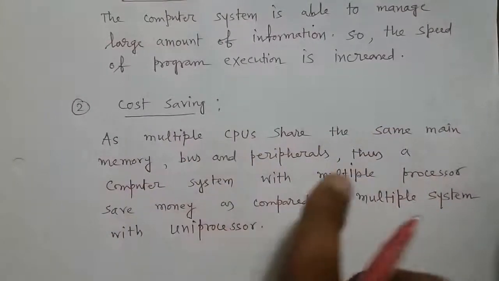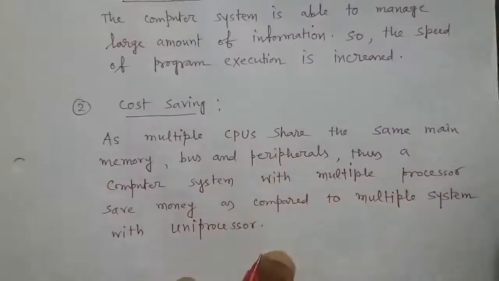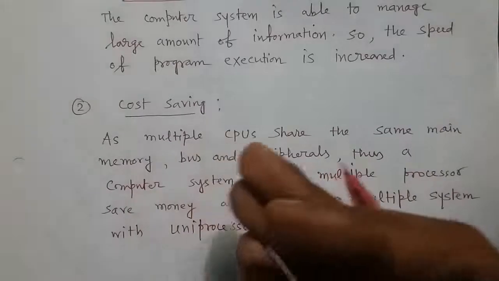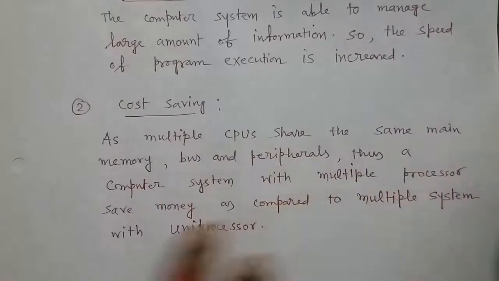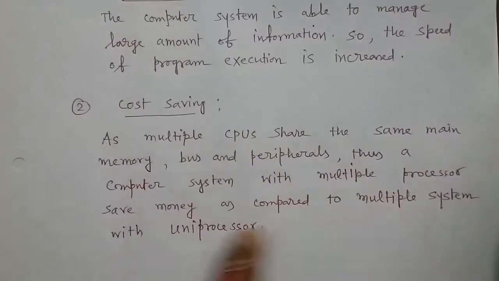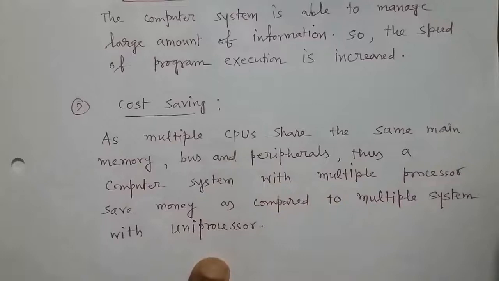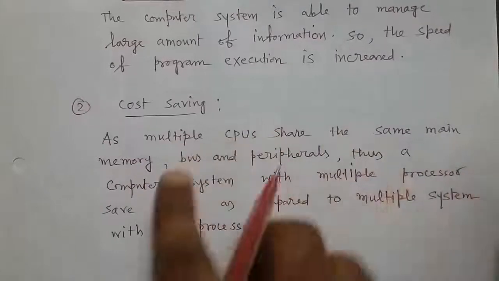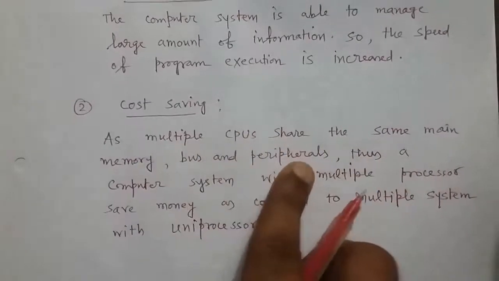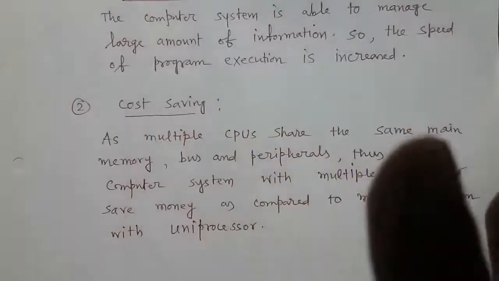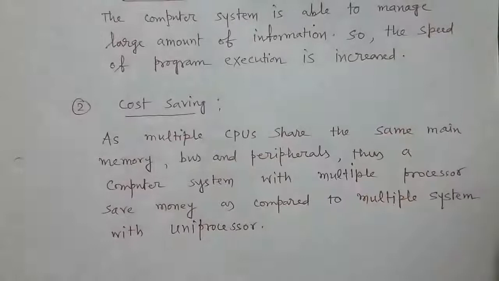But in case of a single processing system, if there are 3 different CPUs, 3 different main memories and 3 different sets of peripheral devices, then obviously a computer system with single uniprocessors will cost more as compared to the multiprocessing system, isn't it? Because these CPUs are sharing the single main memory and the same set of peripheral devices. Okay.